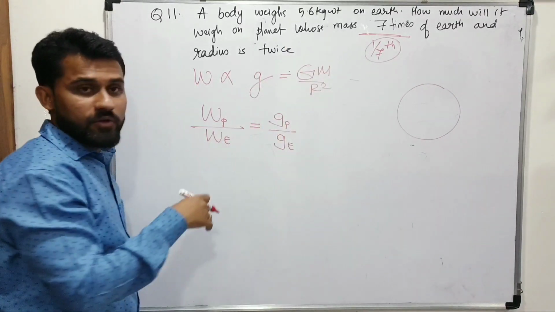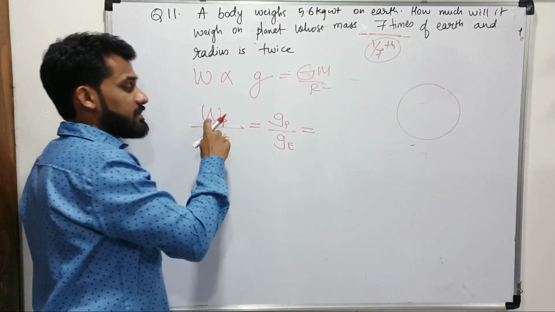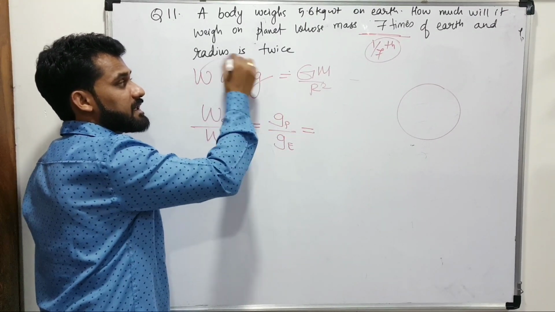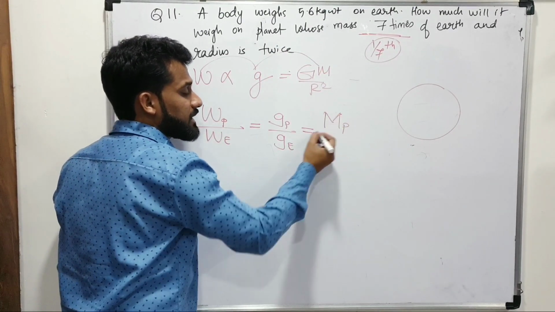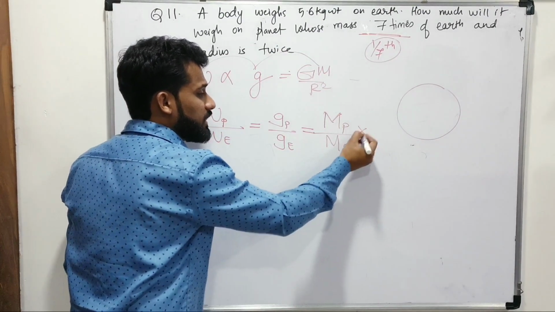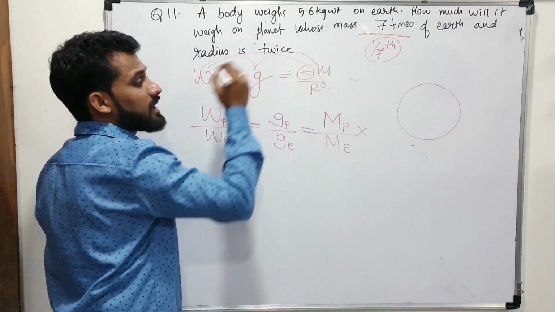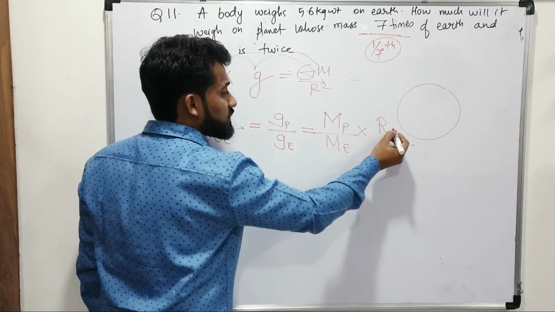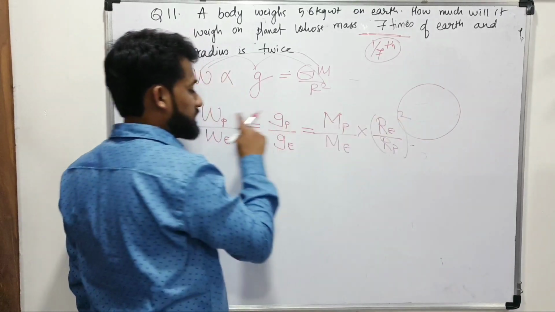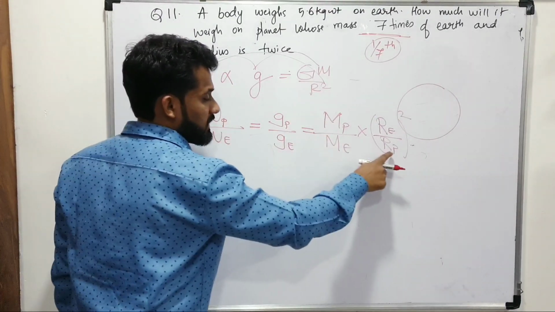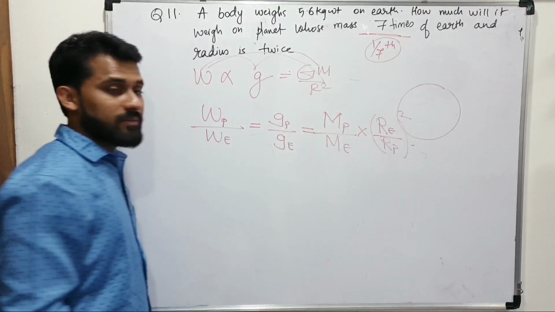So using this formula, the weight will be proportional to gravitational acceleration, which is proportional to mass. So it will be proportional to mass of that planet upon mass of Earth, into, it is inversely proportional to r squared, so into radius of Earth upon radius of that planet, whole square. It is inverse proportion, so the planet's radius will be down, Earth's radius will be up.